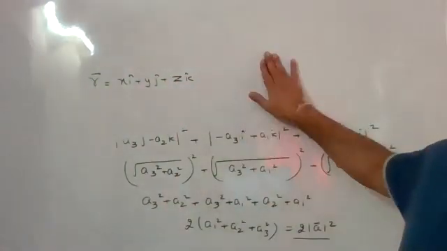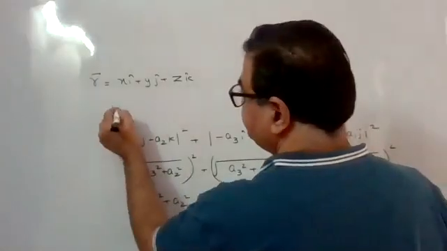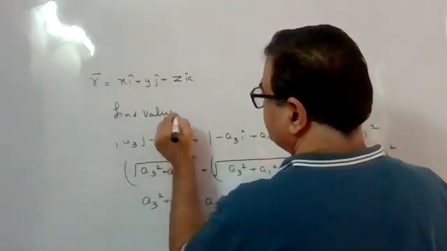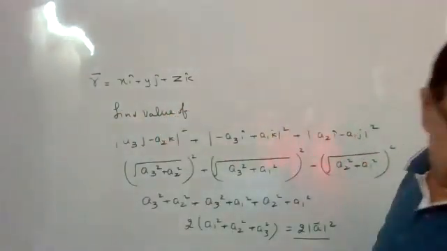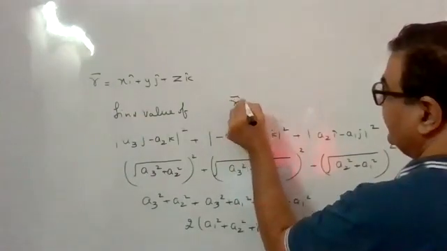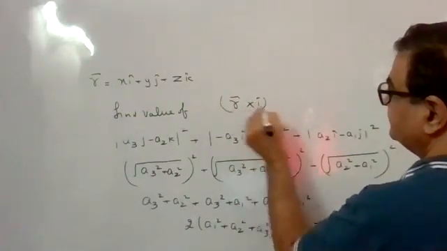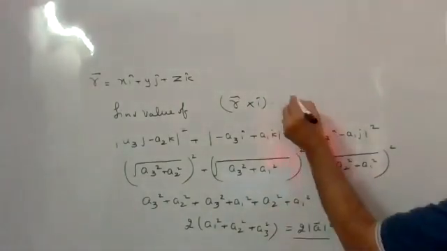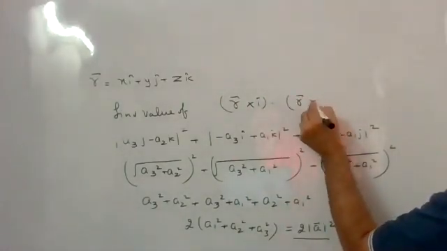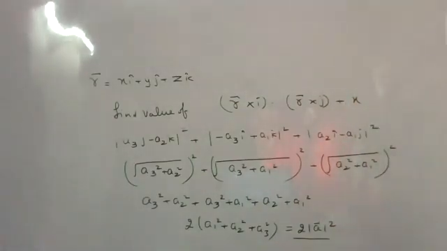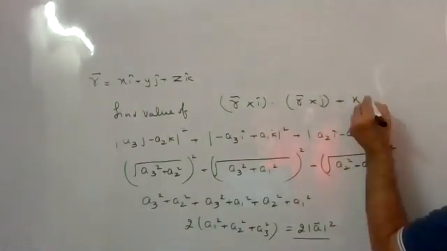Then the question is find value of R cross I cap dot R cross J cap plus xy.